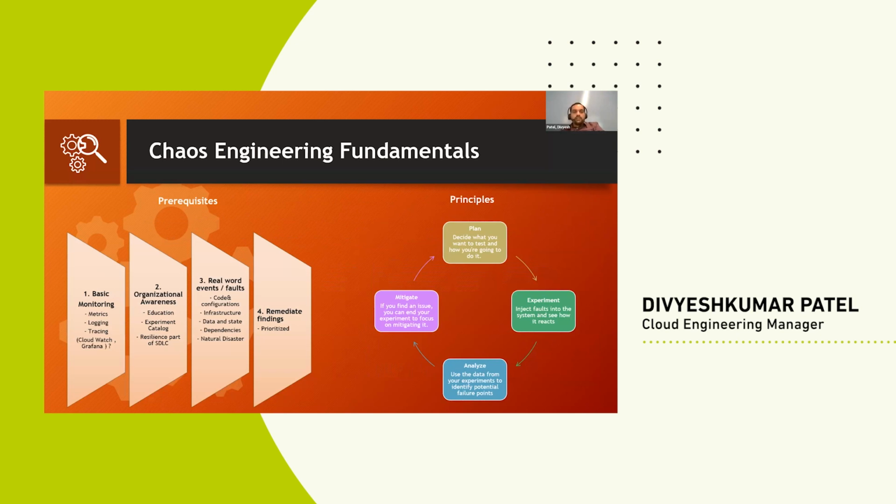For chaos engineering, we need basic monitoring, because this is all about putting failures on the system and seeing how the application behaves. Without monitoring, you cannot do chaos engineering. It's similar to performance testing: you can do it without monitoring, but you cannot achieve the goal. So basic monitoring is the prerequisite.